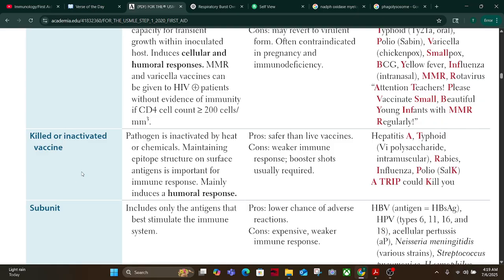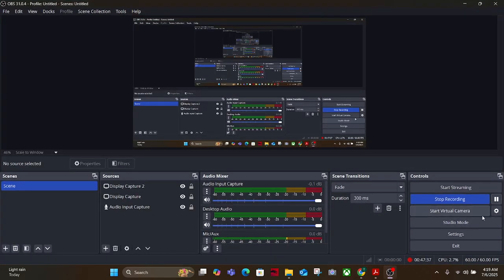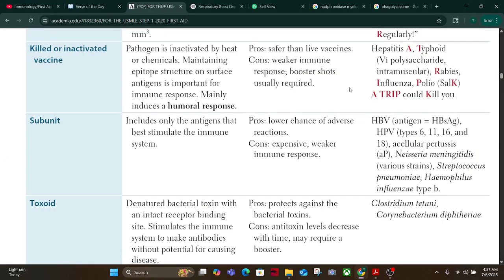Next we have subunit. Subunit includes only the antigens that best stimulate the immune response. So this means that subunit vaccines are vaccines which are made from antigens taken from the virus.